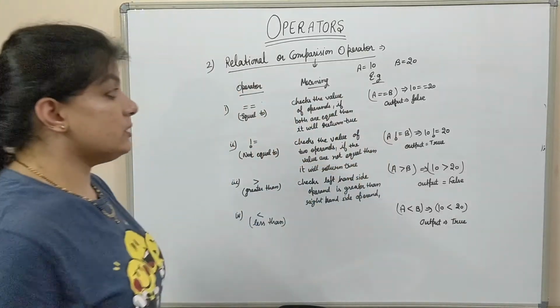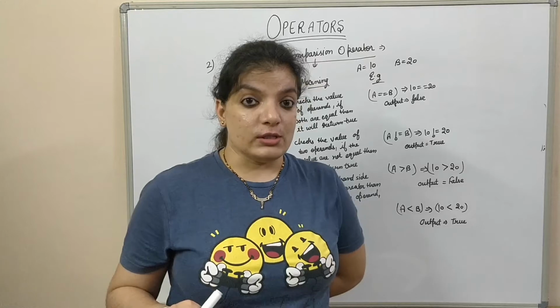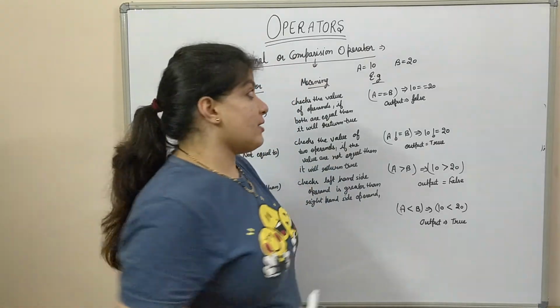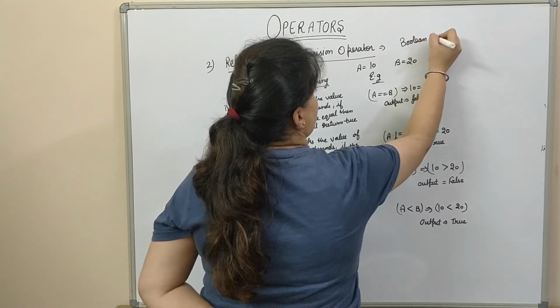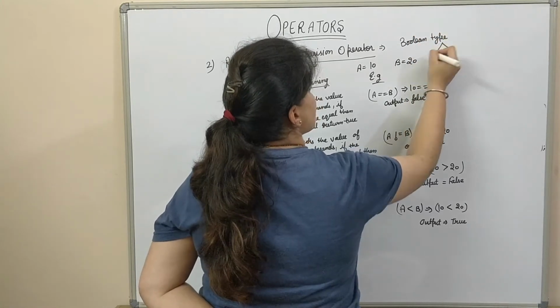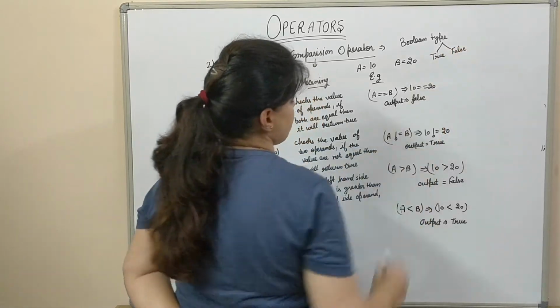What all you see in this, the output is either true or false. These types of outputs are known as Boolean type, meaning the result is either true or false.